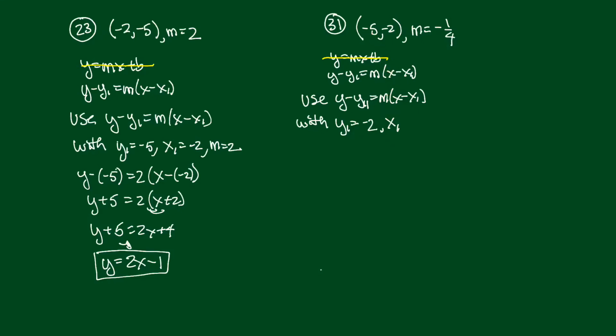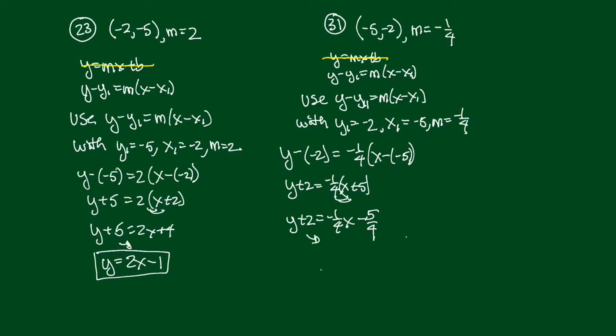I only see one x value. It's -5. And m is -1/4. Let's substitute. So we will get y minus, be careful here, -2 equals m, -1/4, times x minus -5. There's y1, there's m, x minus, and there's x1.